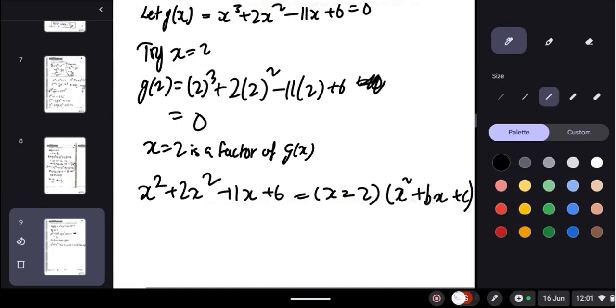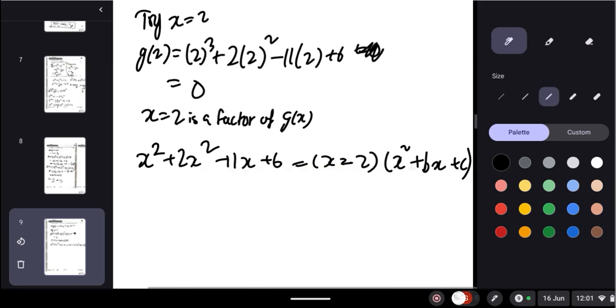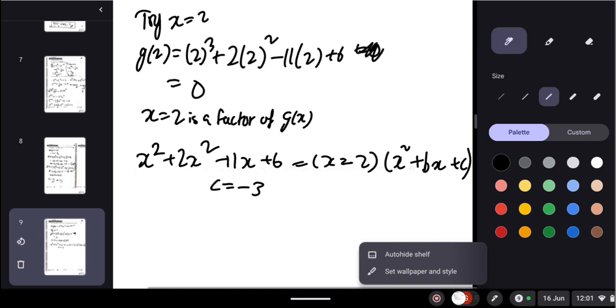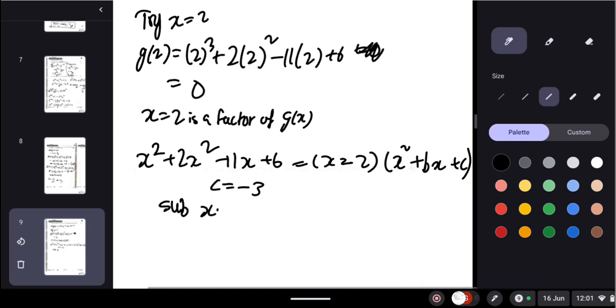Now this one. What's C? See this? You're basically doing a bit of partial fractions here, so just letting you know that it's a bit of partial fractions here and there.